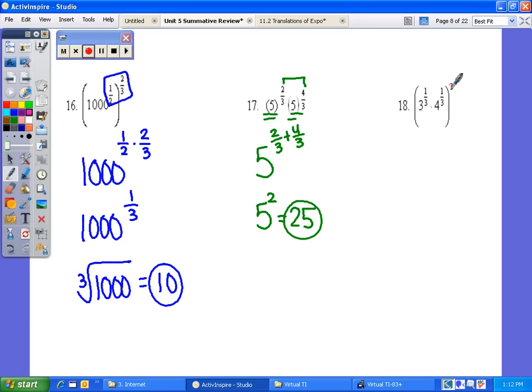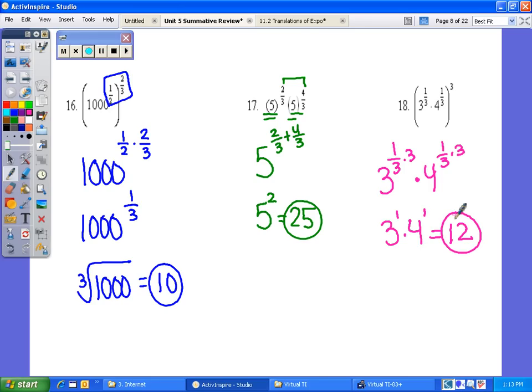You can apply the 3 to both of them, or you can multiply these two. So if we apply the 3, it would be 1/3 times 3 times 1/3 times 3. That's just simply to the first power. So this is really just 3 times 4 is 12.